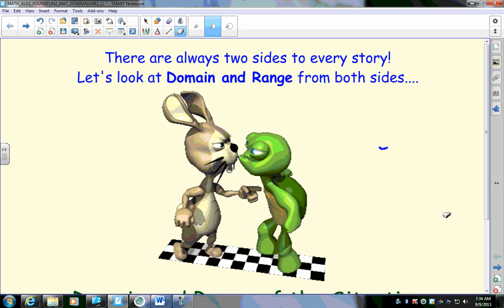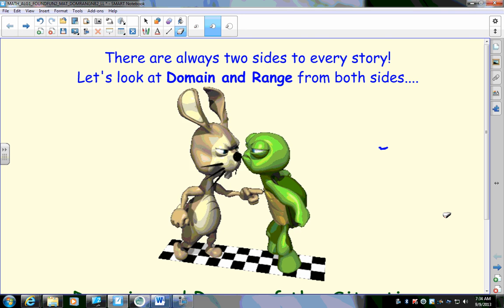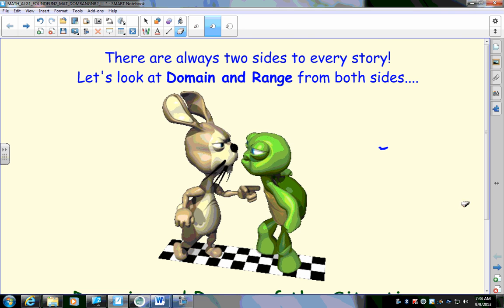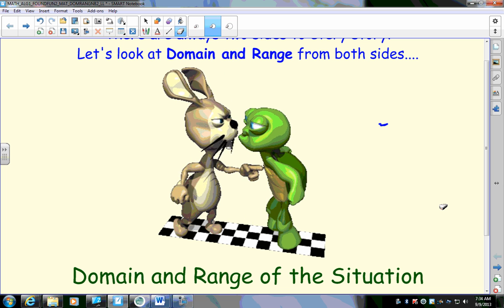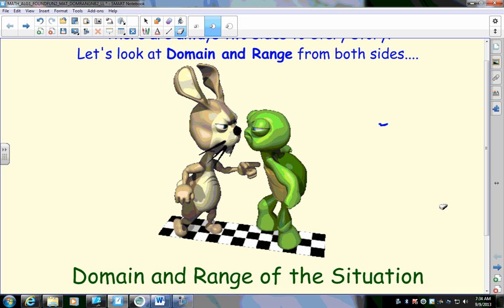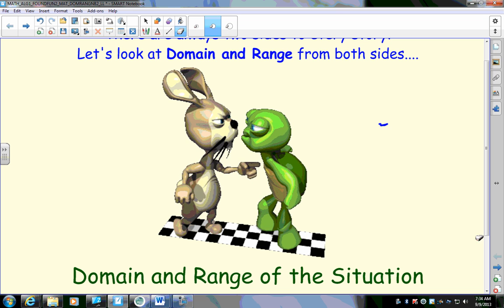Okay, we've been looking at domain and range, continuous versus discrete. First off, when we talked about it, we said that the variable for domain is x, the variable for range is y.